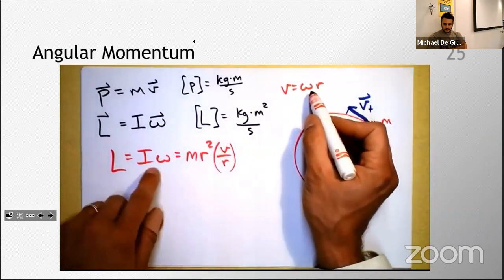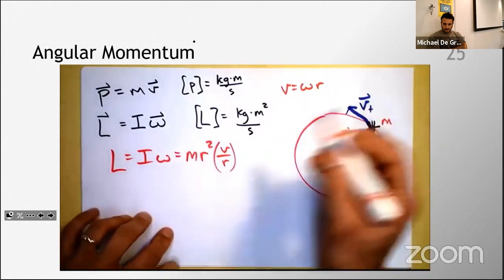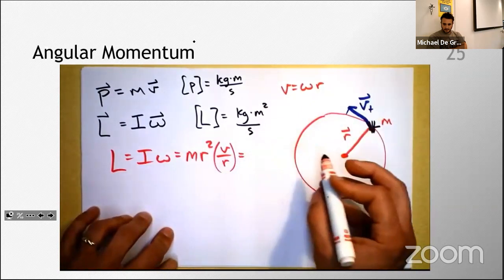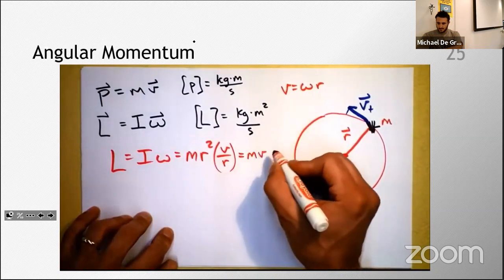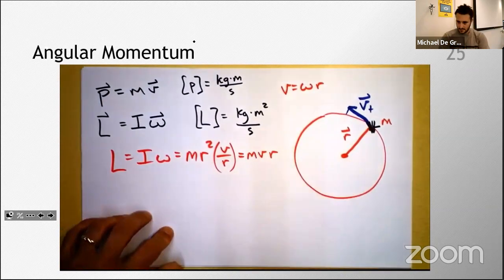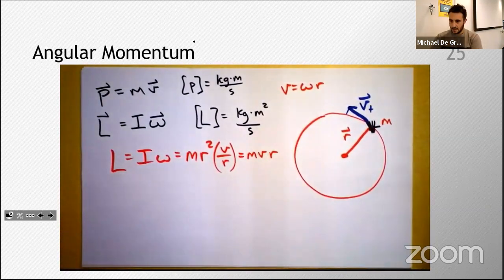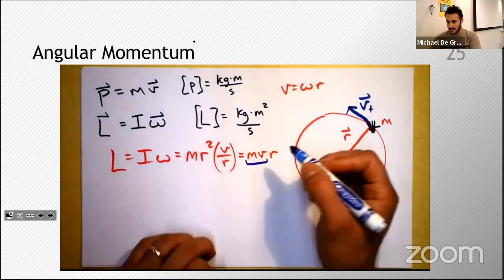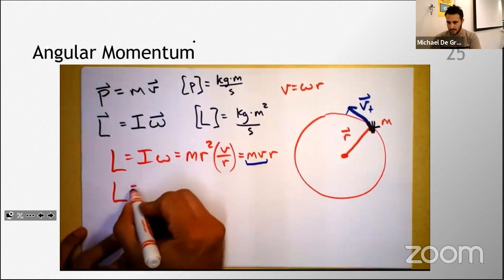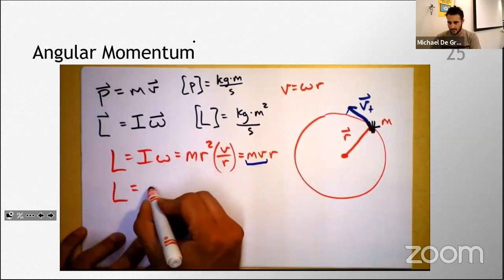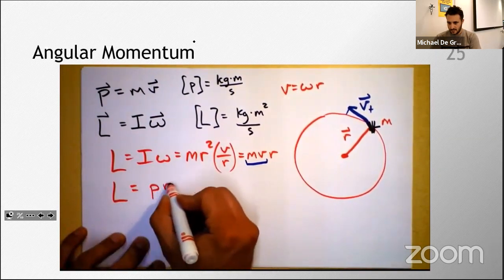So we can solve this for omega and plug it in right there. And then if we expand this a little bit, check this out. This is m times v times r. And if I underline in blue, I find that L is P times r.